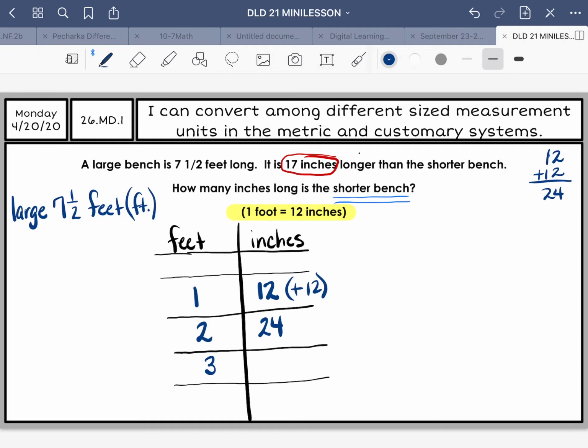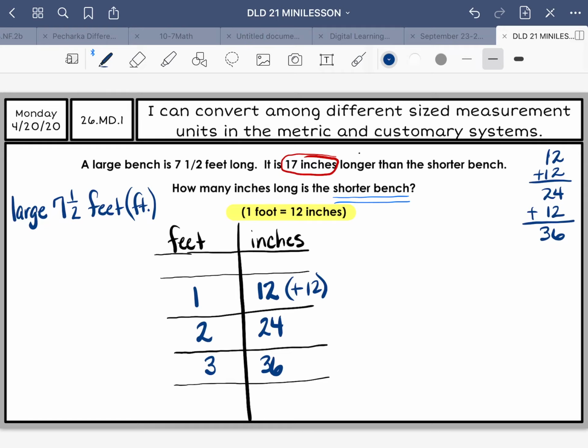Well, I know I would have 12 plus 12, but I would need to add another 12, and that would give me 36. So I know 3 feet equals 36 inches.